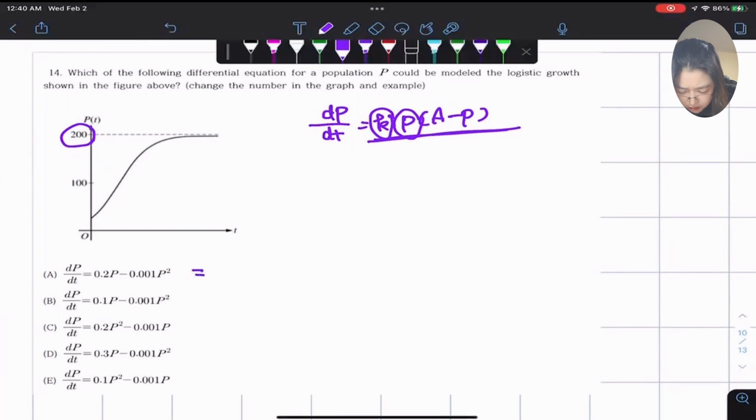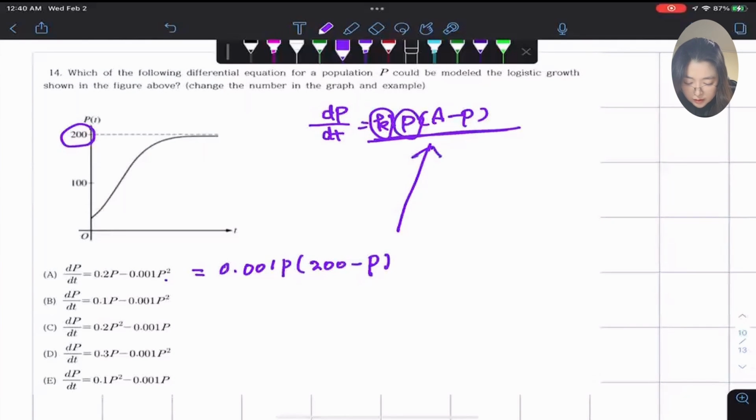So the first example is 0.001 P. So for the latter part, multiply by 1,000, the inverse number. So this is 200 minus P, this form.